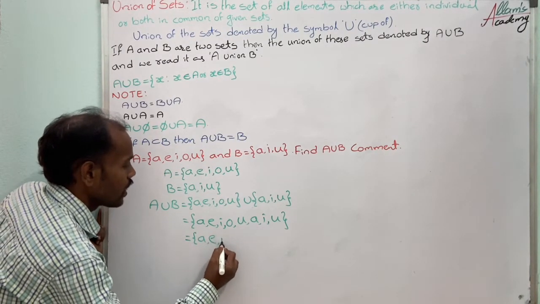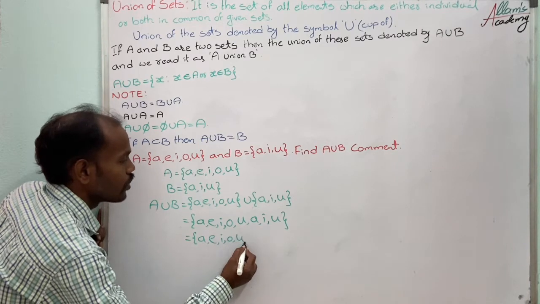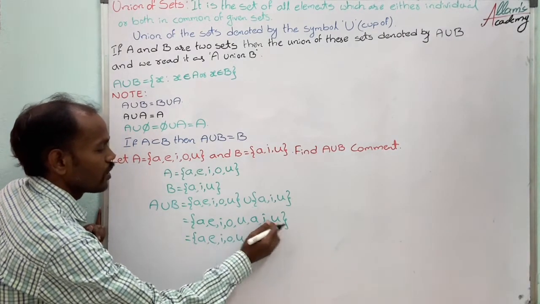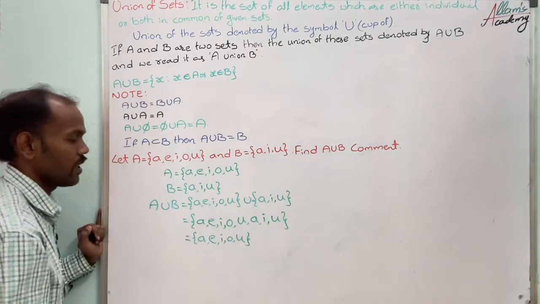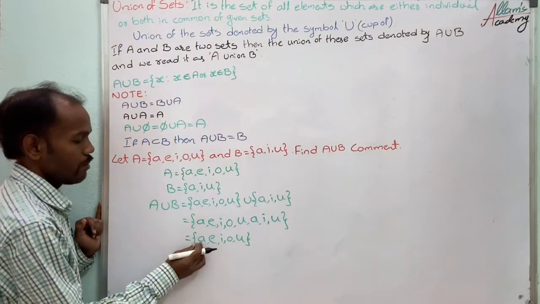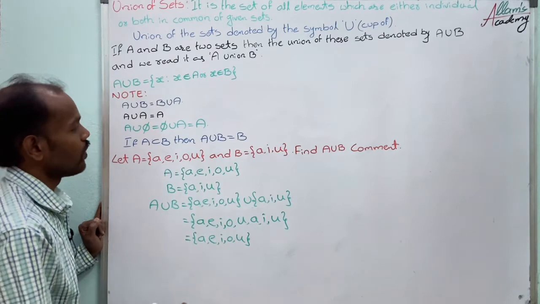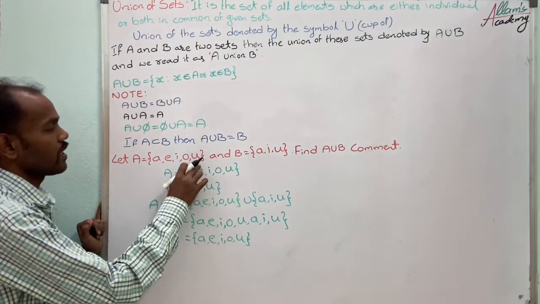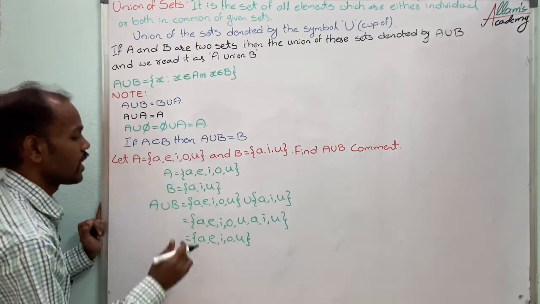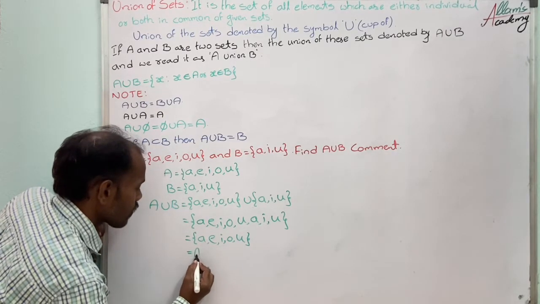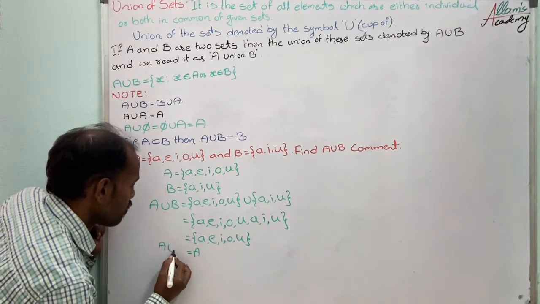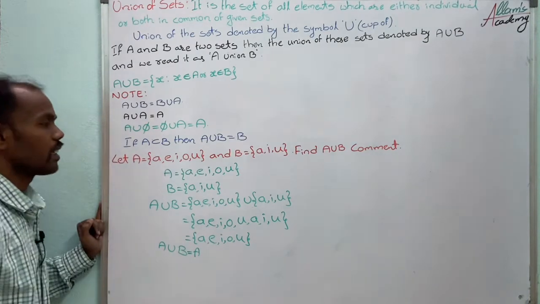So A, E, I, O, U, and A, I, U are already repeated. Now the elements A, E, I, O, U are all present in the given set A. So A union B equal to A.